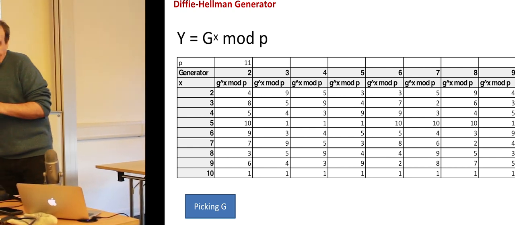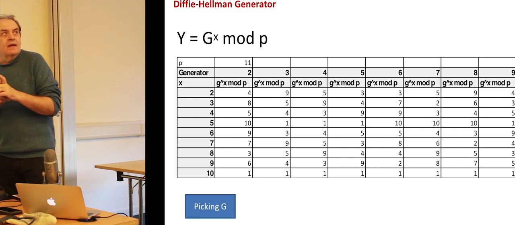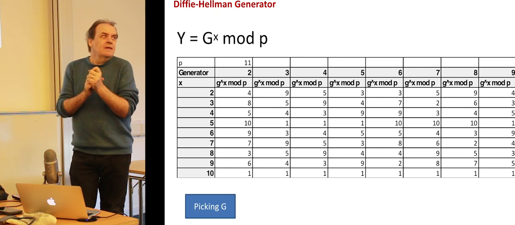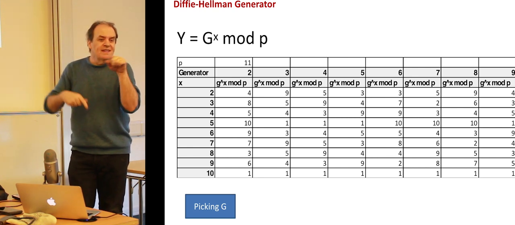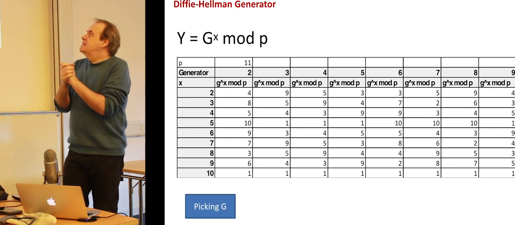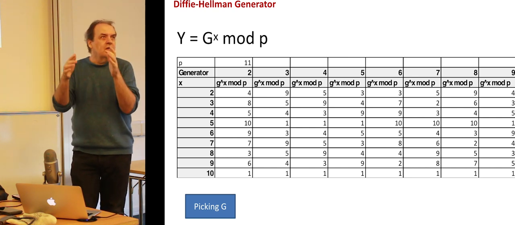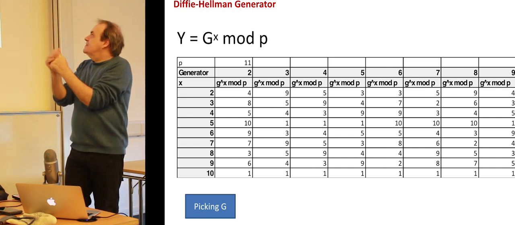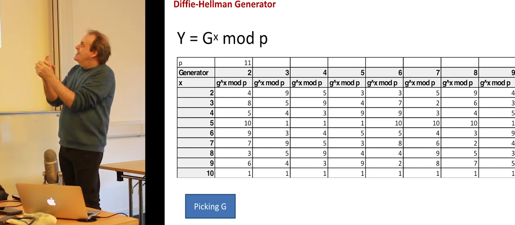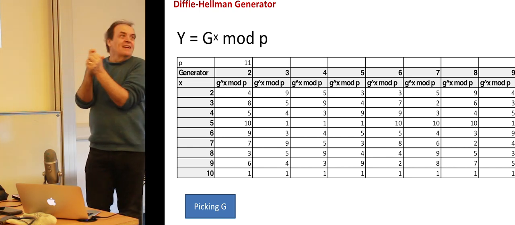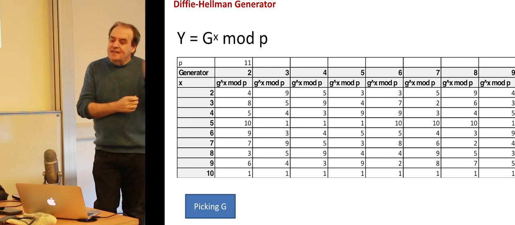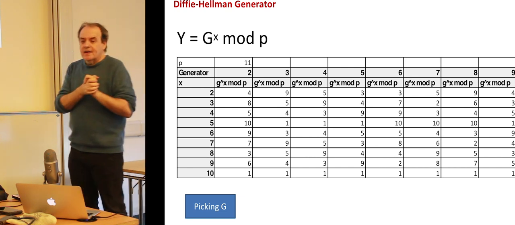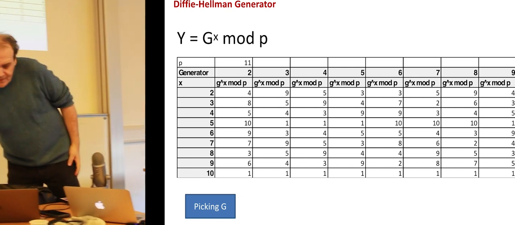Does 4 work? Can I pick g equal to 4? No, because it's not giving us all the possible values. Does 5 work? No. Does 6 work? Yes, 6 works. In the lab today you'll investigate that. It's not always going to create the values that we actually need.